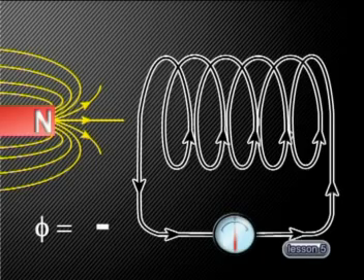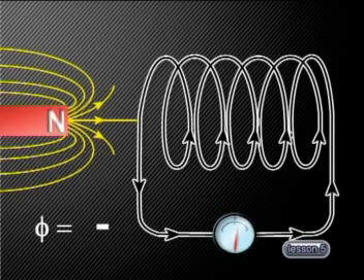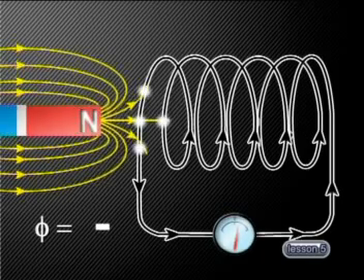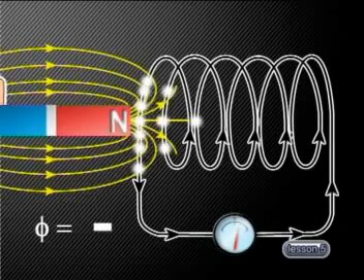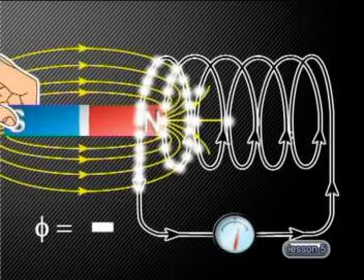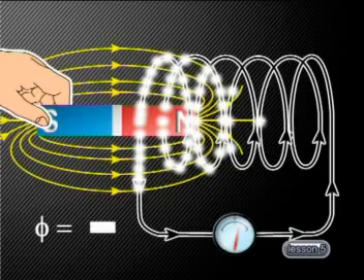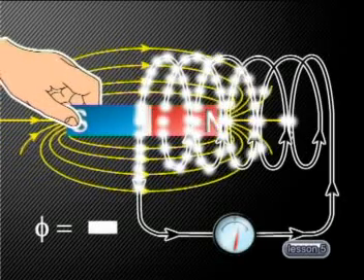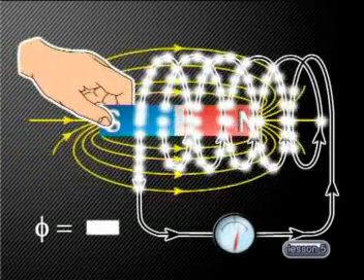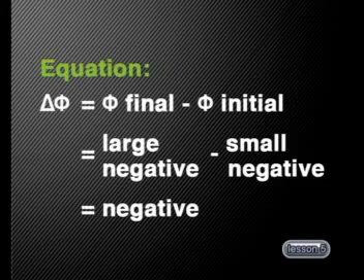Well, when a North Pole magnet enters a coil, the direction of the magnetic field is negative. The magnetic flux increases from a small negative to a large negative value. Change in magnetic flux is the final magnetic flux minus the initial magnetic flux, and in this case will be a large negative value minus a small negative value.